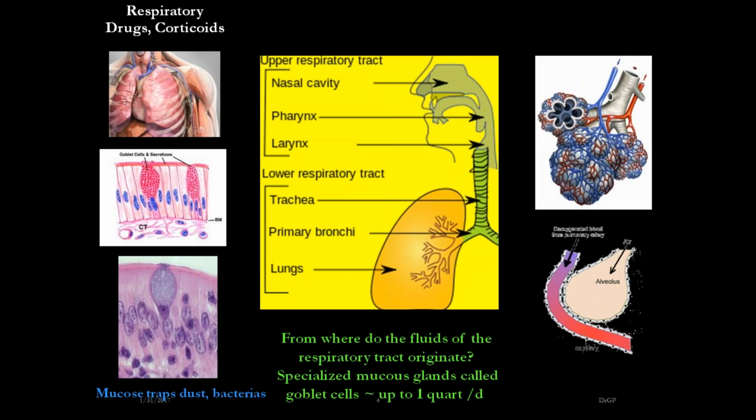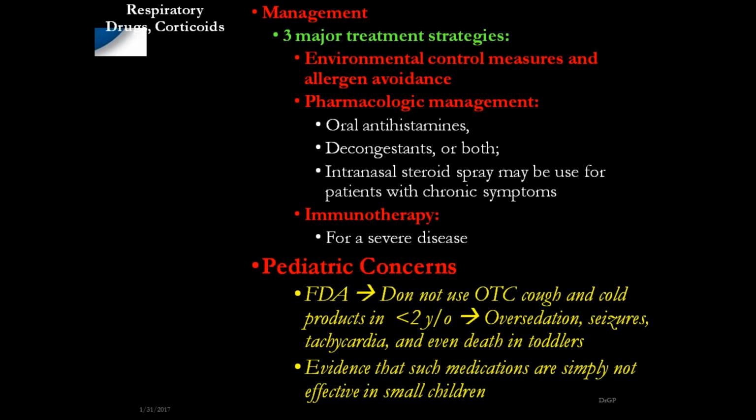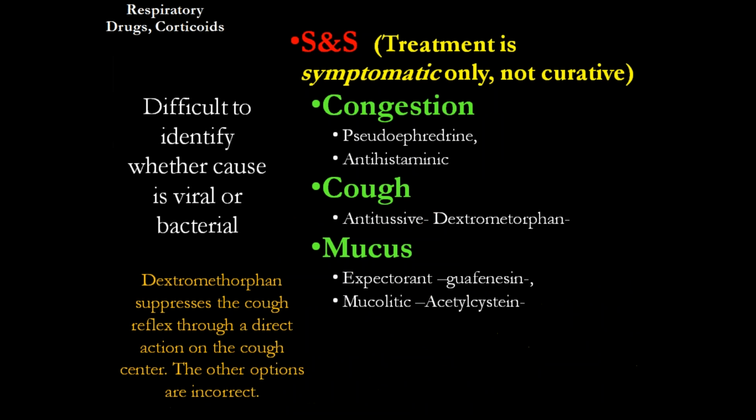If you have asthma, for example, and you have irritation, the goblet cells are going to produce more secretion. So one of the treatments is going to be, for example, ipratropium, an anticholinergic that is going to dry the secretions. Okay, so let's keep going.